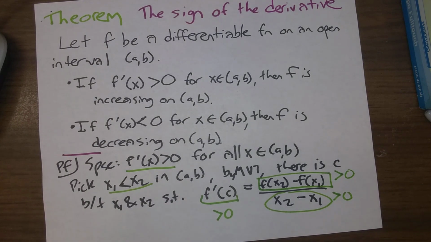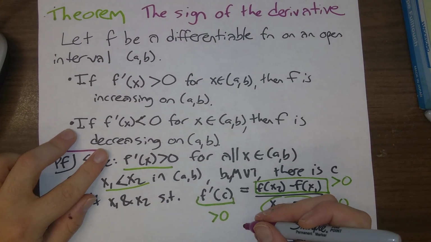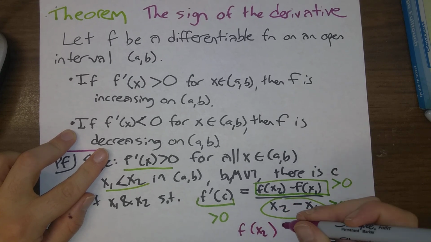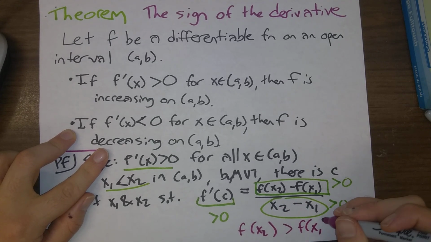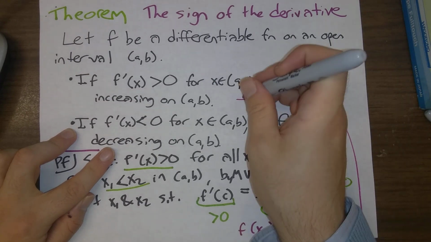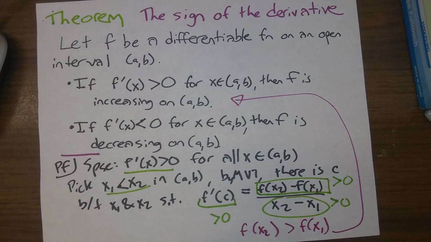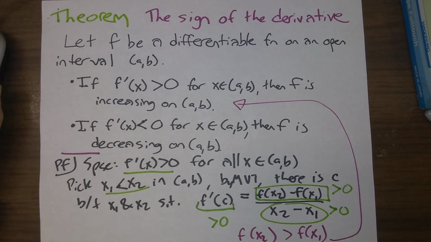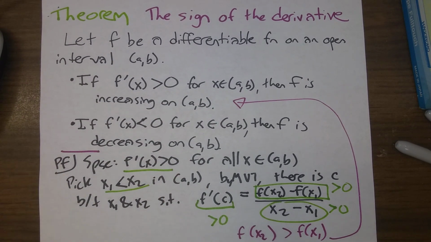In other words, f of x2 is bigger than f of x1, which allows us to conclude that we have an increasing function. I'm only going to do the f prime of x positive case. You can fill in the details for yourself. Everything is very analogous in the case where f prime of x is negative.